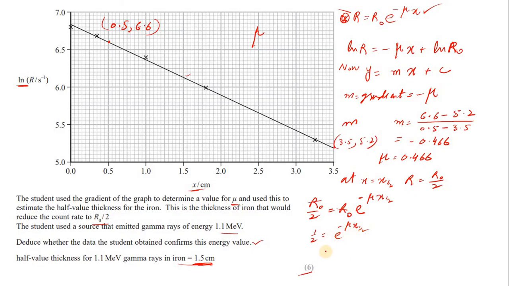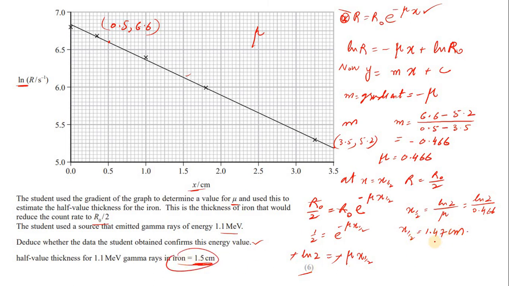So you can say that minus ln 2 is equal to minus mu x half. This is a subscript. The minus gets cancelled. So x half is equal to ln 2 upon mu, and ln 2 upon 0.466 gives x half equal to 1.47 centimeters.